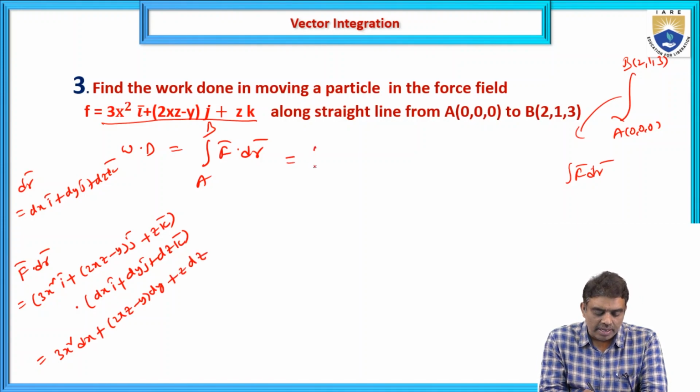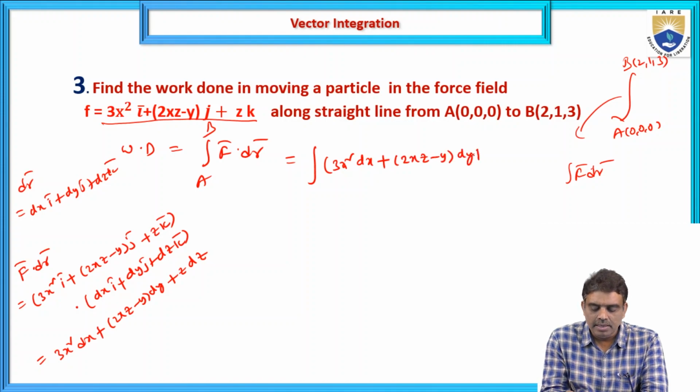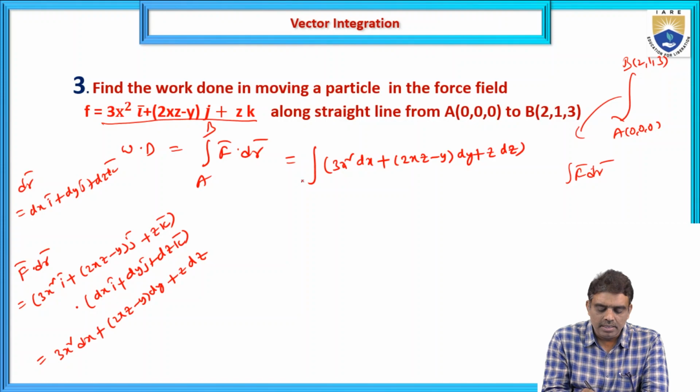So what we have to evaluate is the work done, integral of 3x square dx plus (2xz minus y) dy plus z dz from the point A (0, 0, 0) to point B (2, 1, 3).